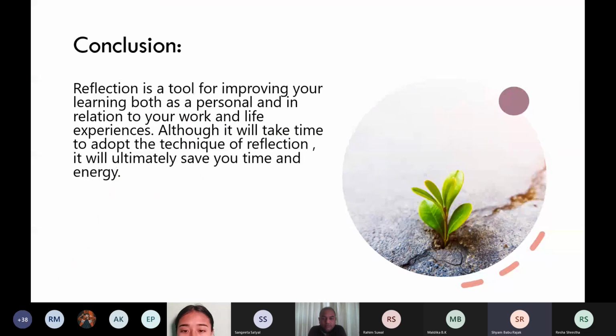And in conclusion, reflection is a way to enhance your understanding, both from a personal perspective and in relation to your job and life. While following this strategy of reflection will take time, it will eventually save you time and energy.